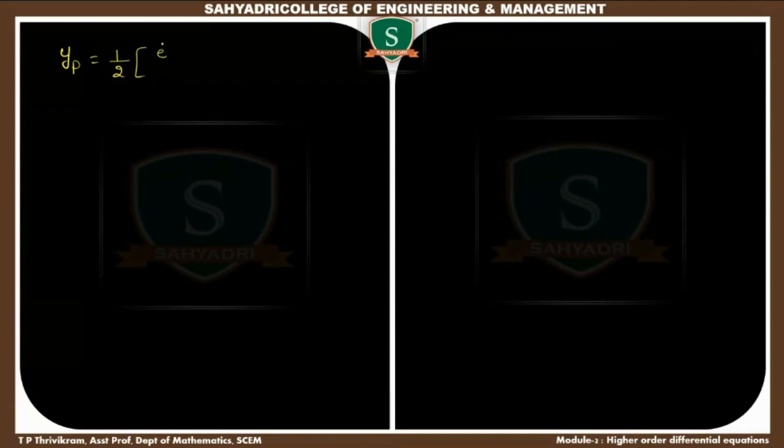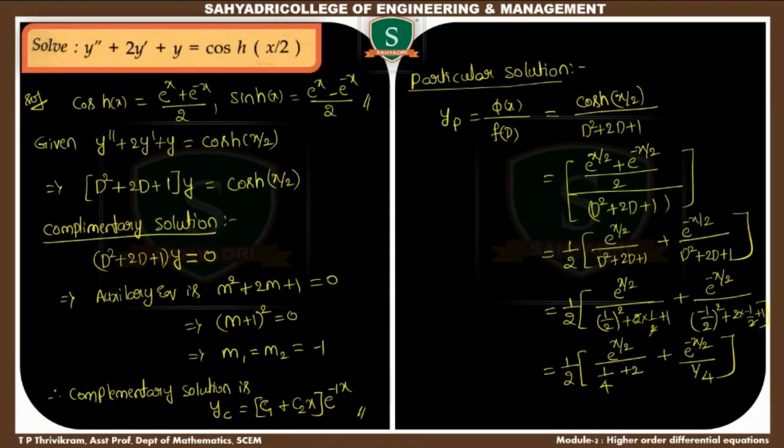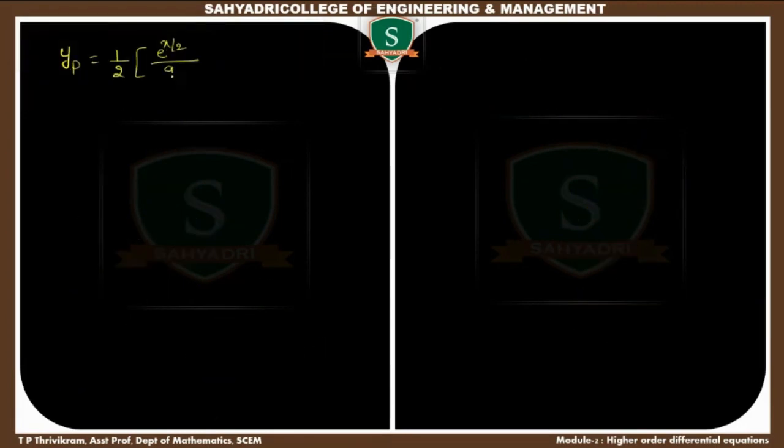So e power x by 2, what is the total fraction? 1 by 4 plus 2, 9 by 4. 9 by 4 e power minus x by 2 divided by 1 by 4.